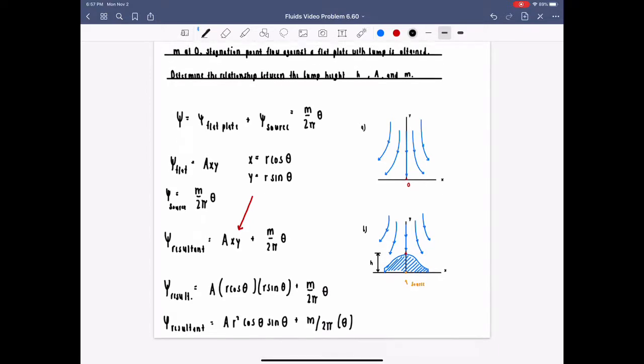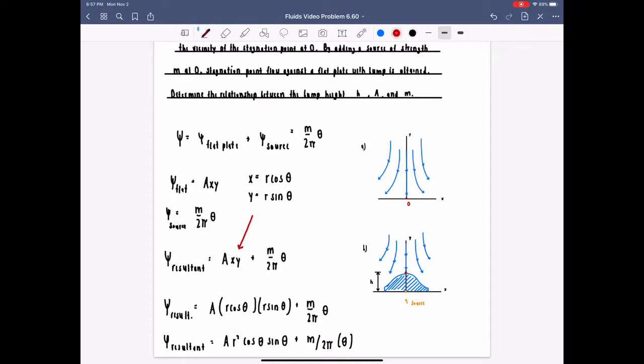Okay, and from this, recall the double angle identity to simplify further. We have that sine 2 theta is equal to 2 cosine theta sine theta.